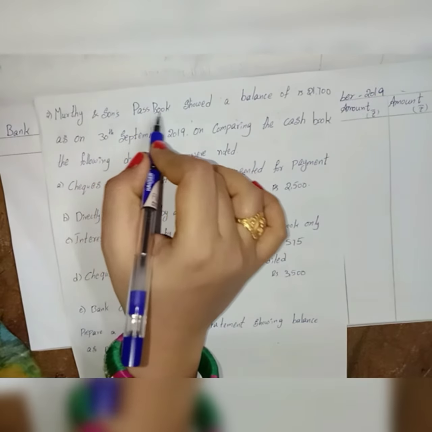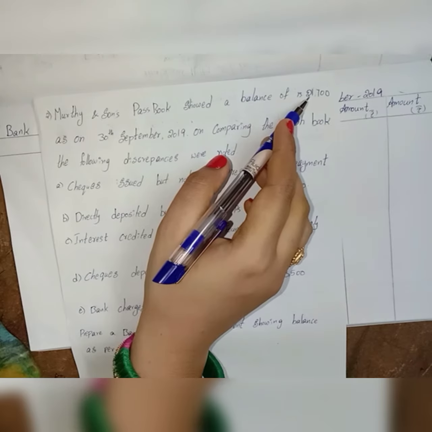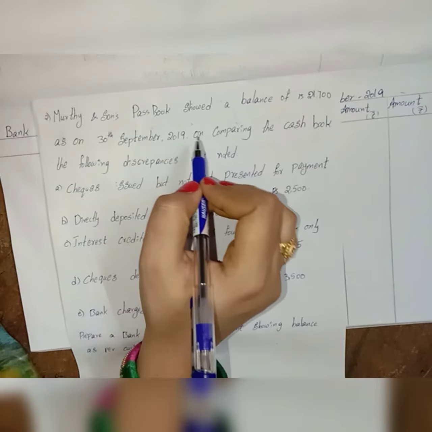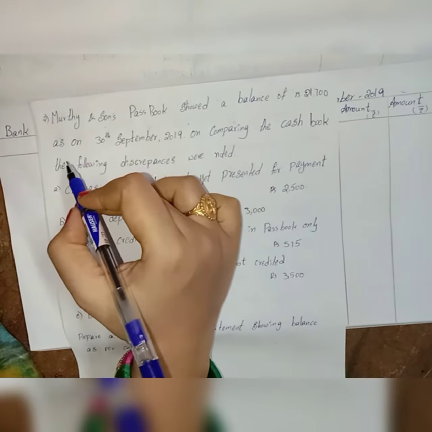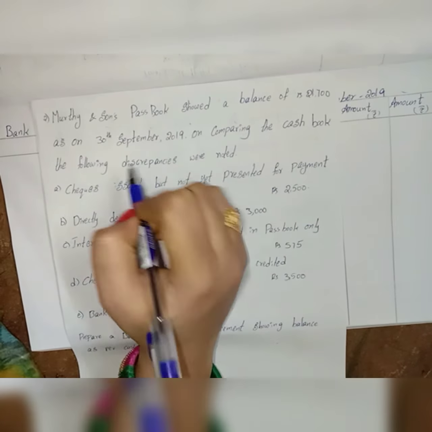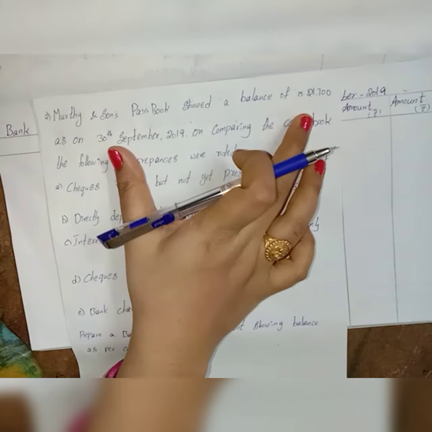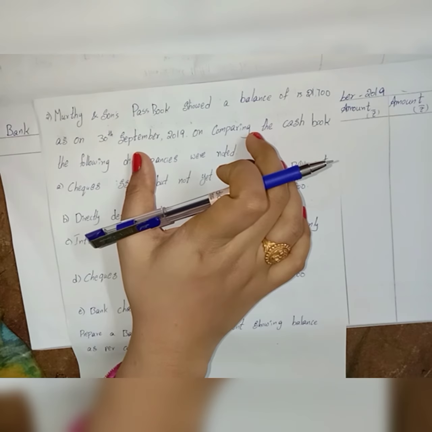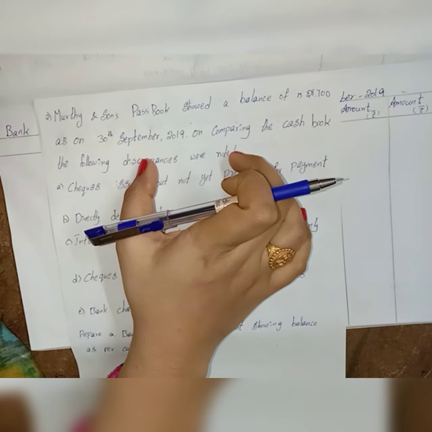Murthy and Sons passbook shows a balance of 21,700 as on 30 September 2019. On comparing the cash book, the following discrepancies were noted. Right, here it is given the passbook balance of Mr. Murthy and Sons on 30th September 2019.